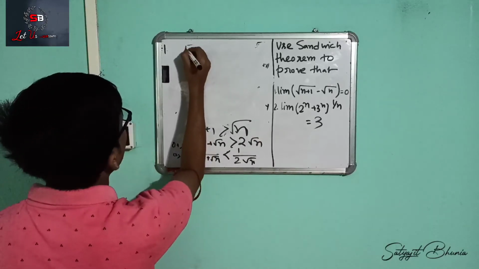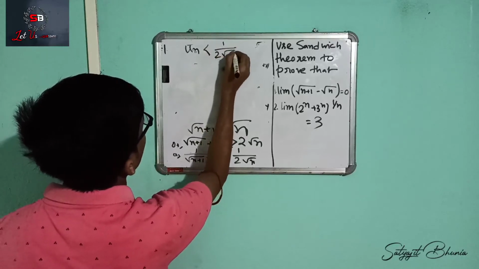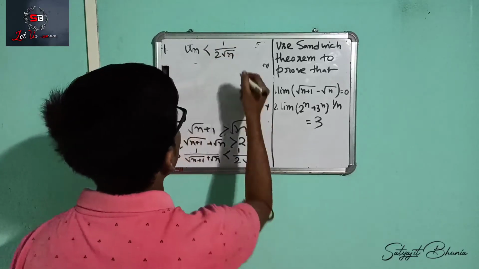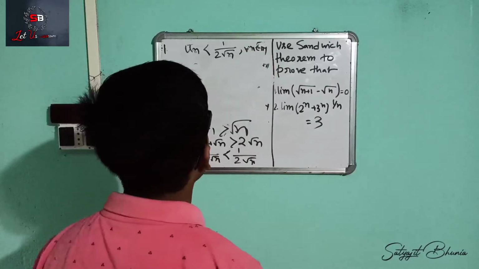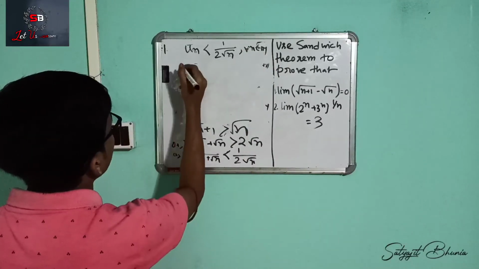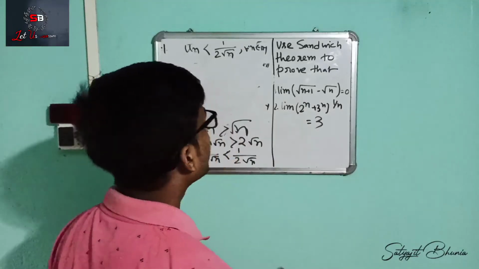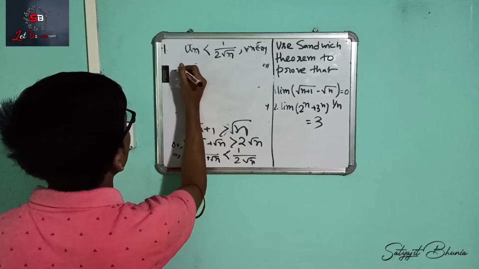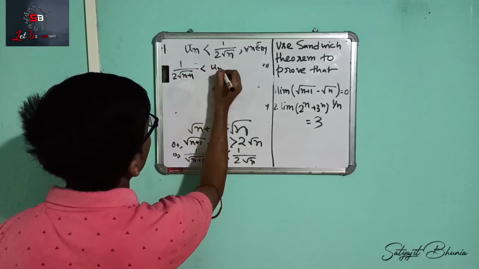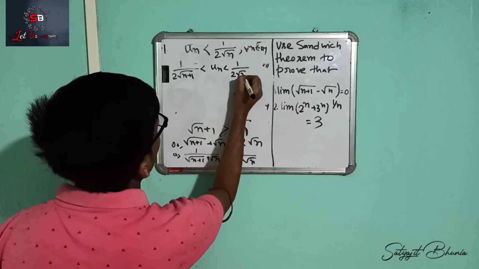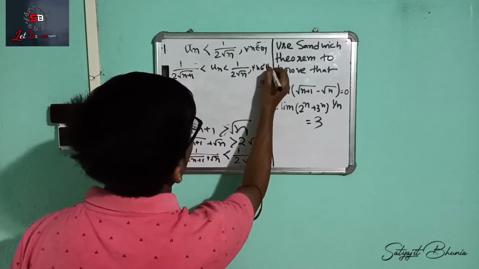Or this is un: un is less than 1 by 2 root n, for all n belongs to capital N. Now combining these two inequalities, we can write 1 by 2 root n plus 1 is less than un, less than 1 by 2 root n for all n belongs to capital N.